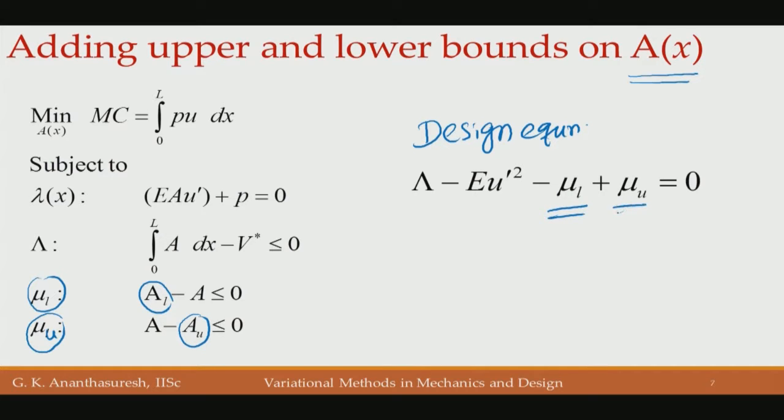I think what we had is right, because A has negative here and A has positive here, minus mu L plus mu U equal to 0.